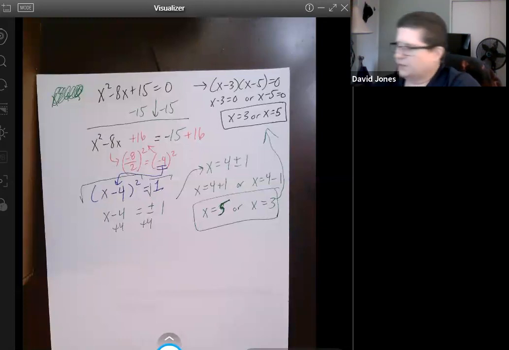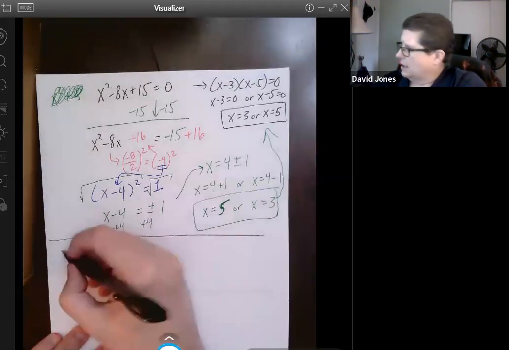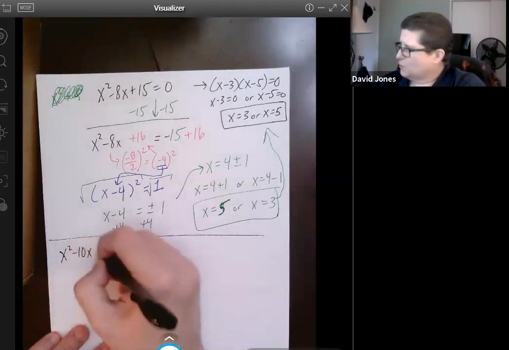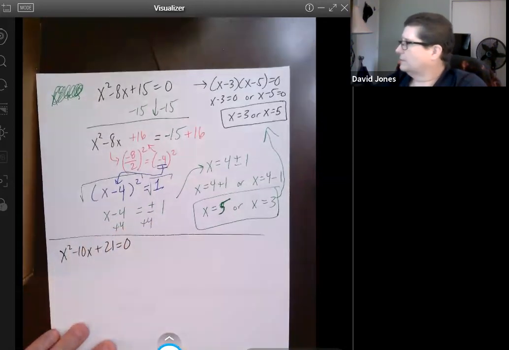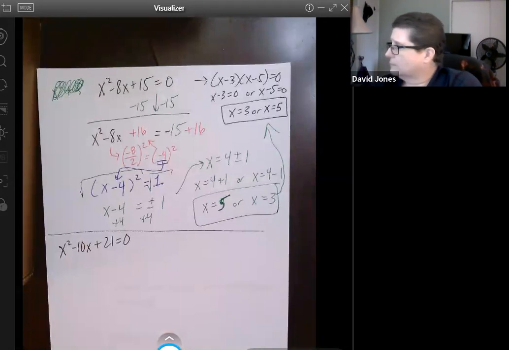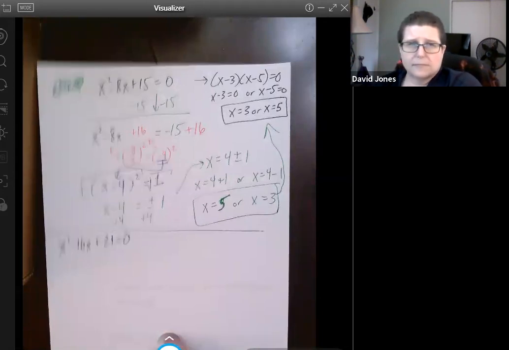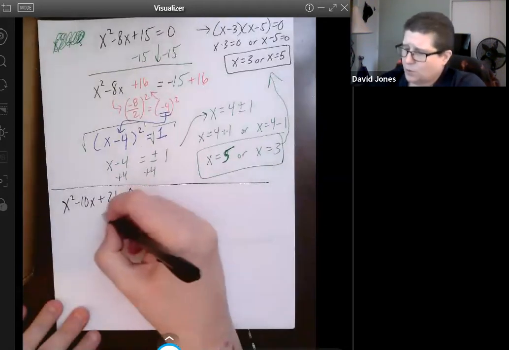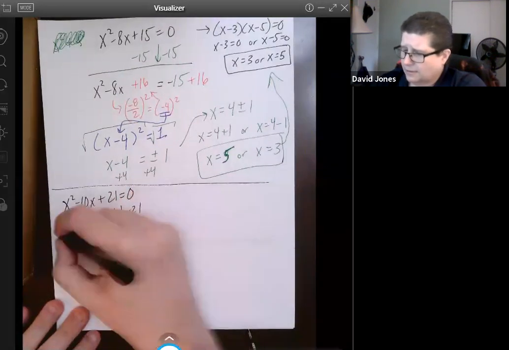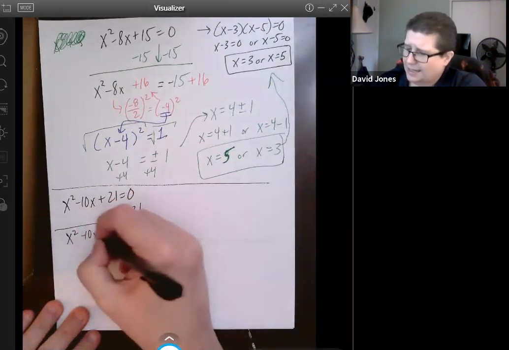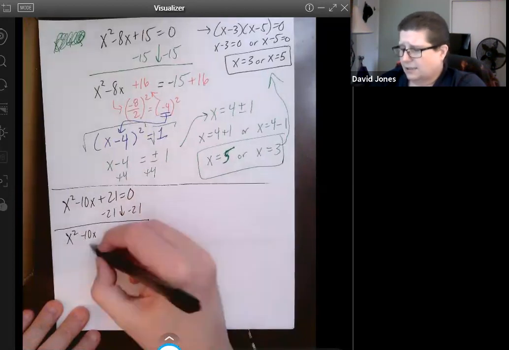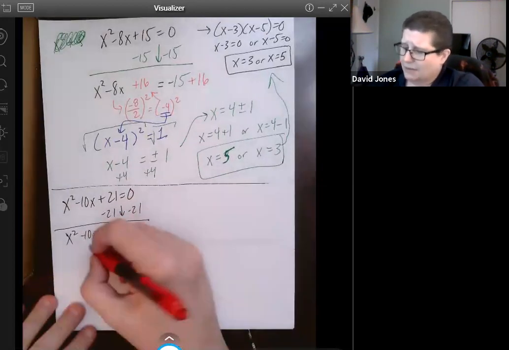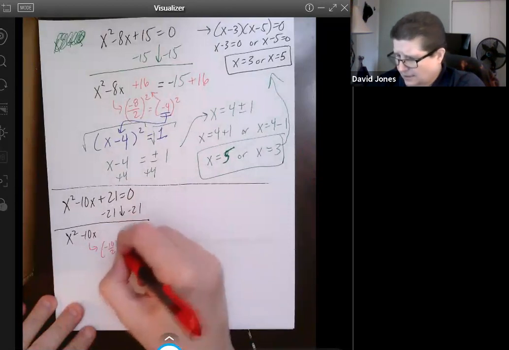Let's give you another one to do. X squared minus 10x plus 21 equals 0. Pause it and try to work that out. Well, I'll subtract 21 from both sides. X squared minus 10x equals negative 21. I will take that negative 10 and cut it in half and square it.